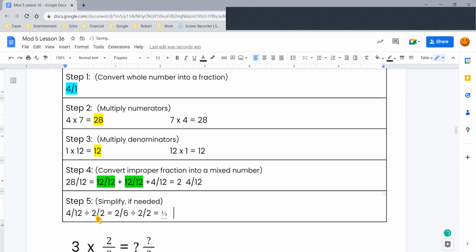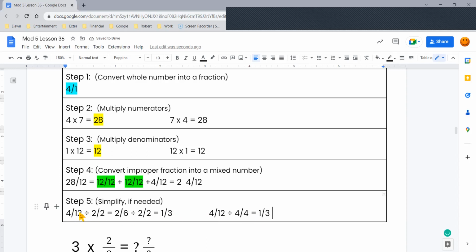Now, if you happen to notice that 4 goes into 12, let me show you. Either way, if you notice that 4 over 4 went into 12, because you saw that 4 goes into 12 3 times and 4 into 4 1 time, either way works.